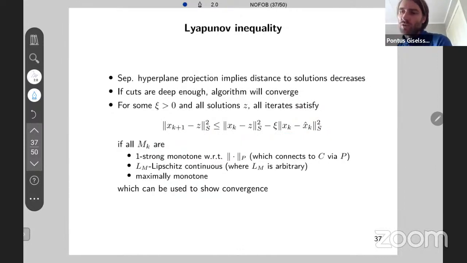This is called Fejér monotonicity, and it's a very common tool to prove convergence of these types of methods. It was also mentioned in the previous talk, and it can be used via some more or less standard steps to show convergence of this method. So for projection correction, once we know that we have a separating hyperplane that generates deep enough cuts, that makes enough progress, we can show convergence like this.